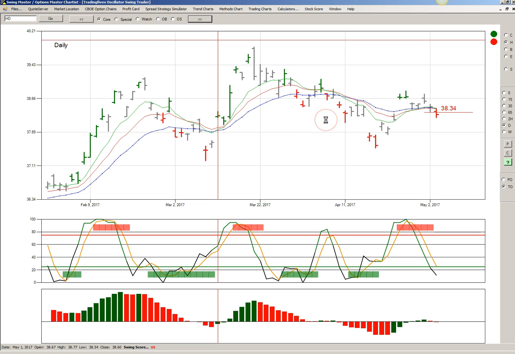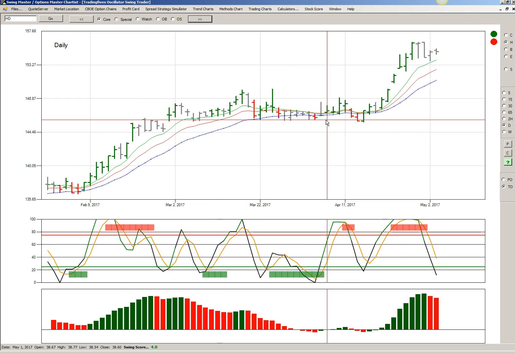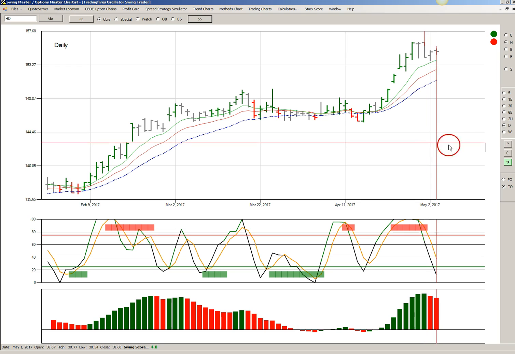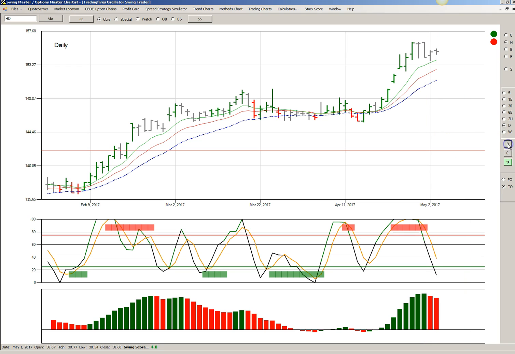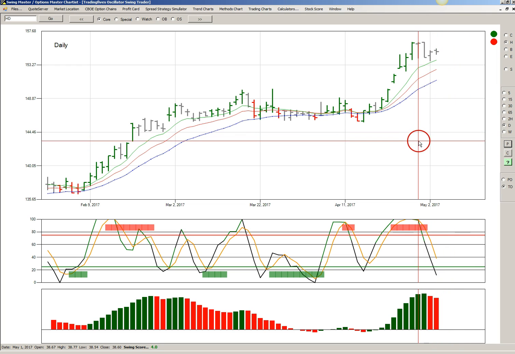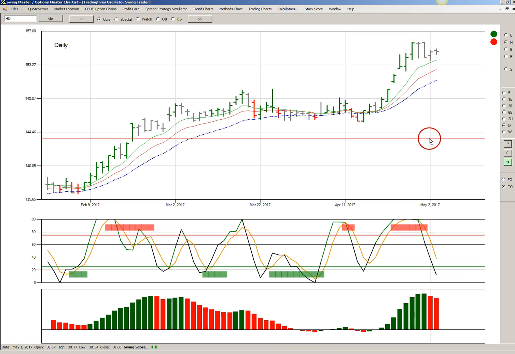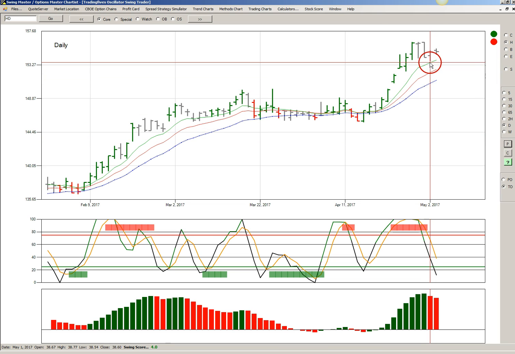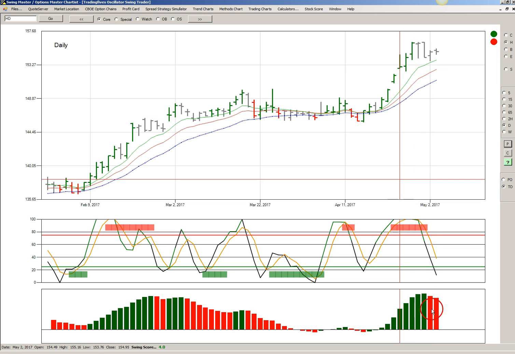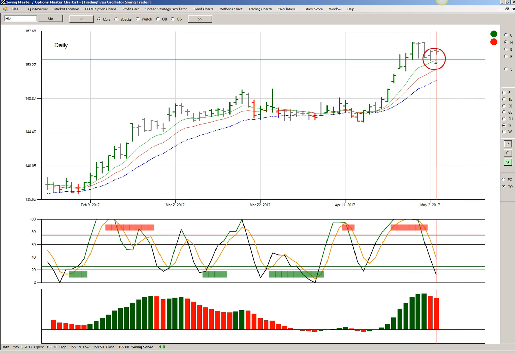The second example also has a sell setup, and we'll do the same thing. We'll click on P, the price bar. We have a stochastic RSI sell, and we look for the price bar with the first red TO oscillator bar, and put the cursor right on the bar, right click.